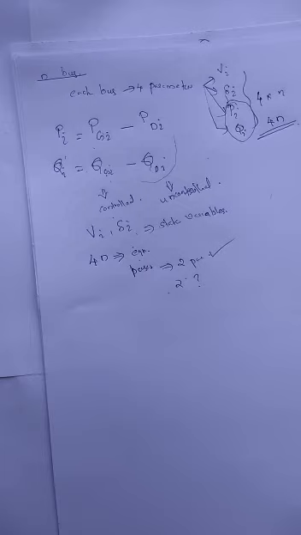Our state variables are V and delta, and we solve these equations to find them. That's why I said power flow analysis is essential for finding the best operation. After solving, we get the voltage at each node.